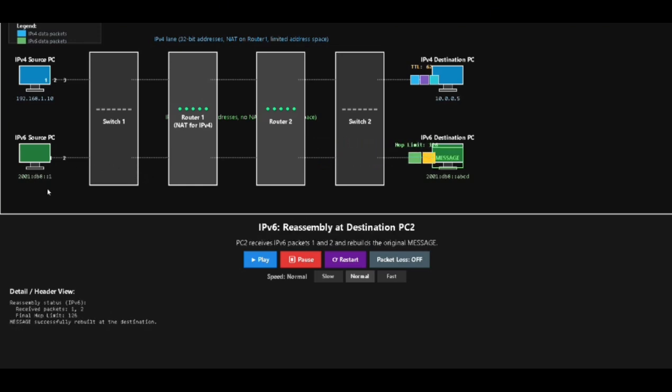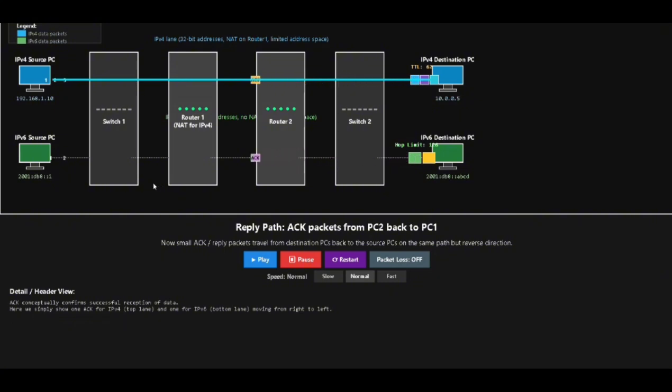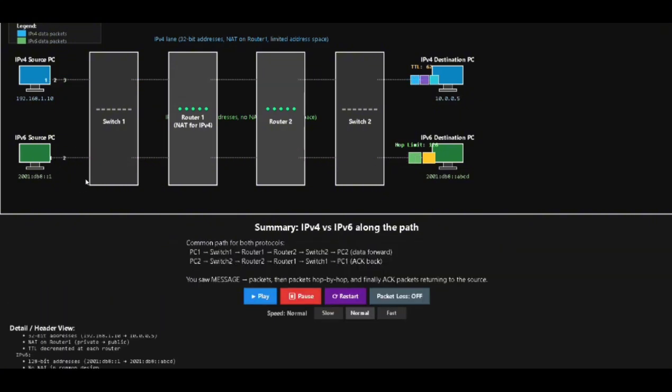In a simple way, IPv6 has more capacity and more address space compared to IPv4. In IPv6 there is also the same setup, two switches and two routers, from source to destination, and this is the whole model.